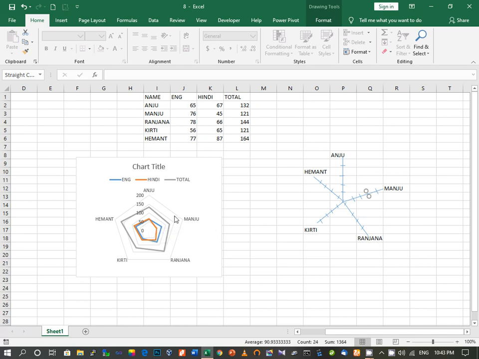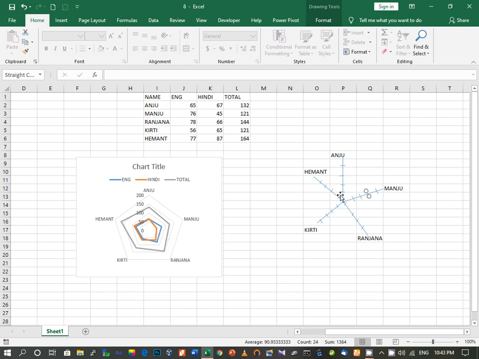Then 45. Here you can see the comparison. This line is coming inward, towards 45, and she got 76 in English. That is why there is a vast difference over here. This is representing 76 and this is representing 45.